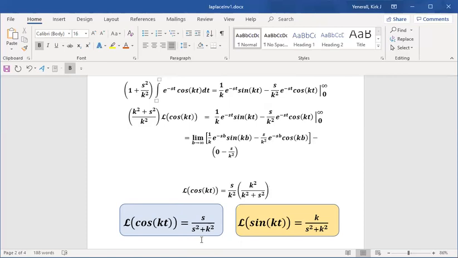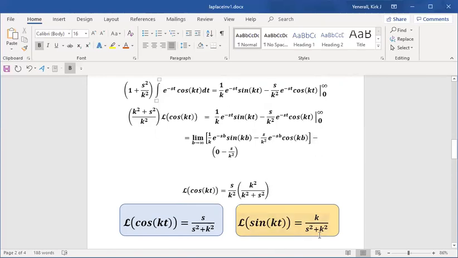Now, you can use that exact same approach to derive the rule for the sine of kt, and it turns out you get a result that is similar, but with one key difference. Notice that in our rule for the Laplace transform for the sine of kt, the denominator is exactly the same as it was for the cosine, s squared plus k squared.